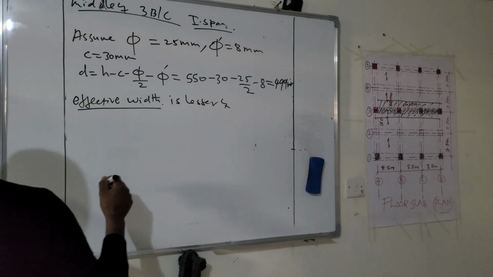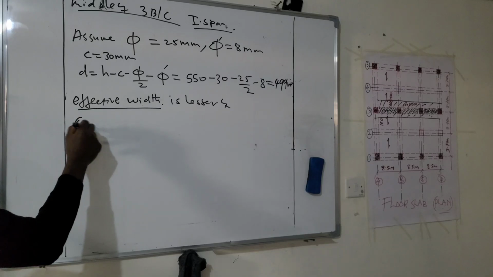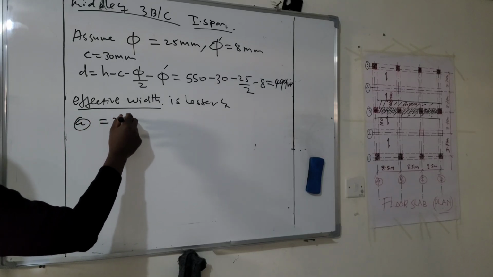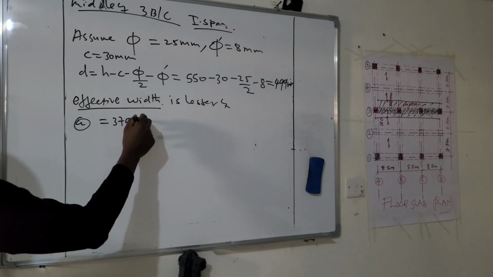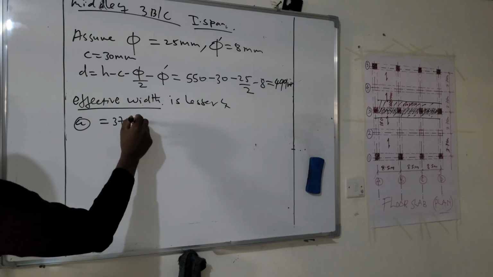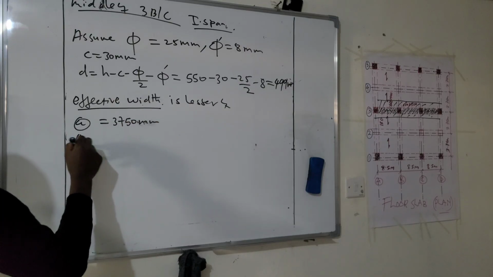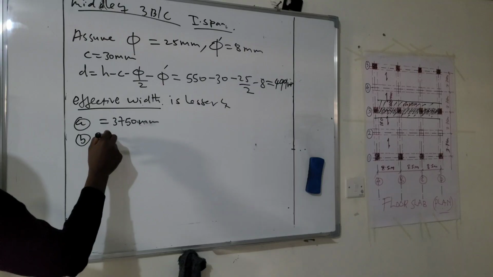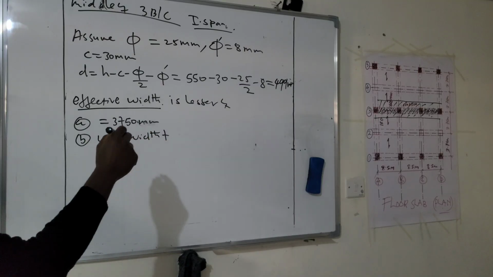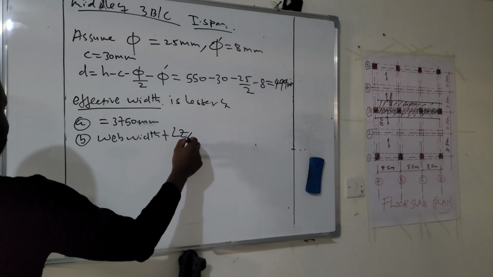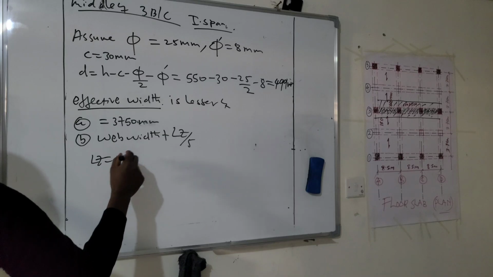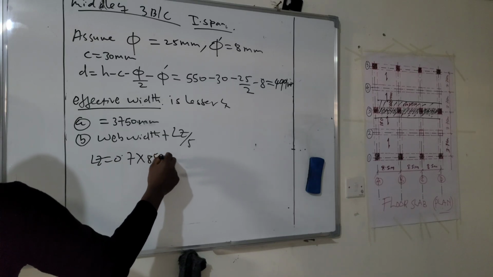Is lesser of A, the actual flange, which is 3750 millimeter, B, web width plus LZ over 5, and LZ is equal to 0.7 times 8500.